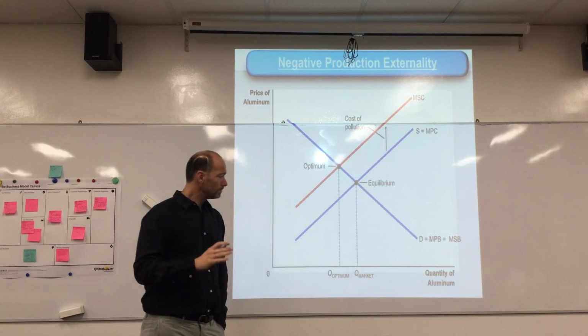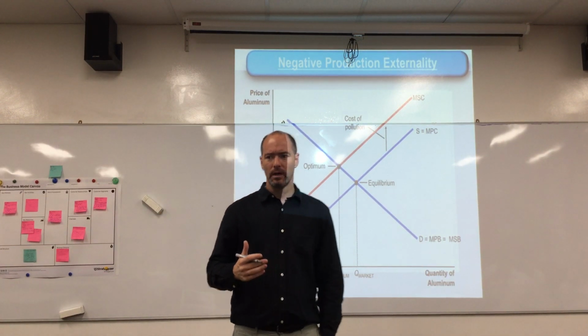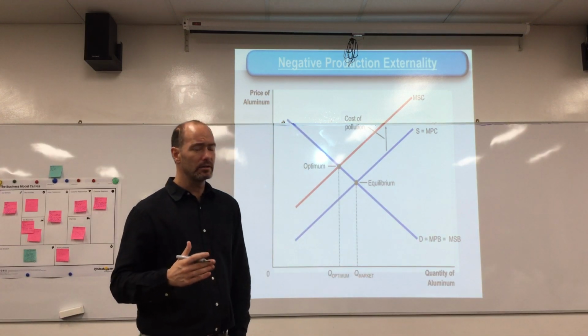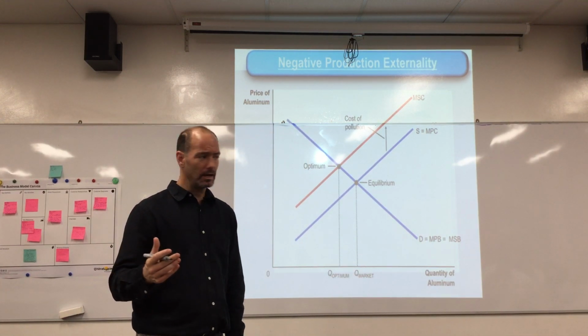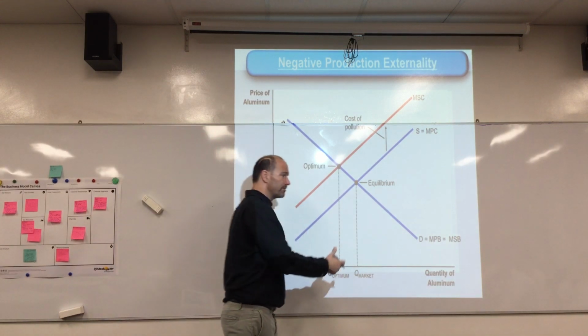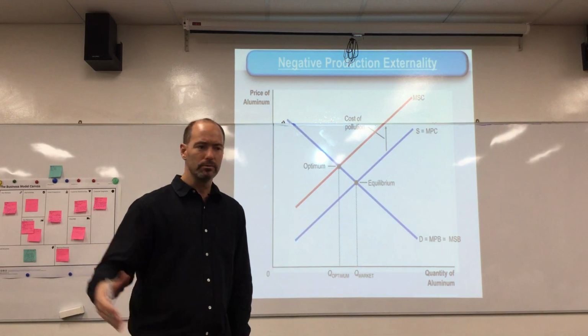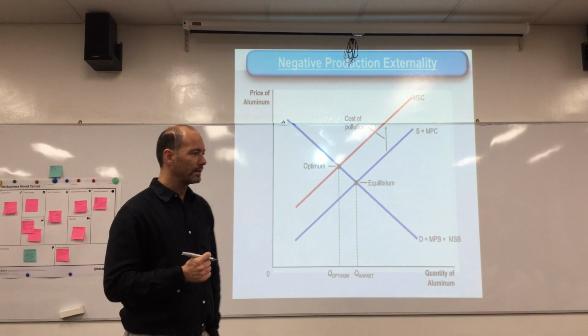Now, with aluminum, when it is produced, it's produced in factories that end up polluting, emitting pollution that is bad for the environment and eventually can be bad for the health of people who live in areas around those factories, and so forth.